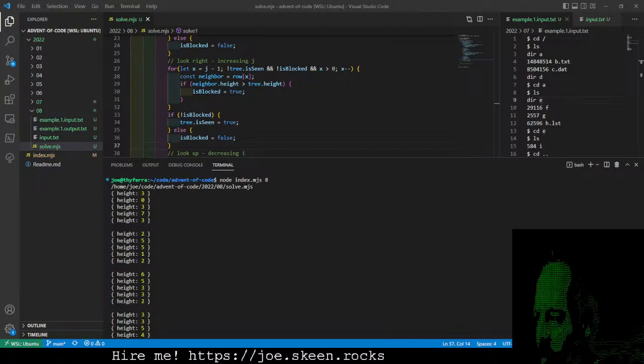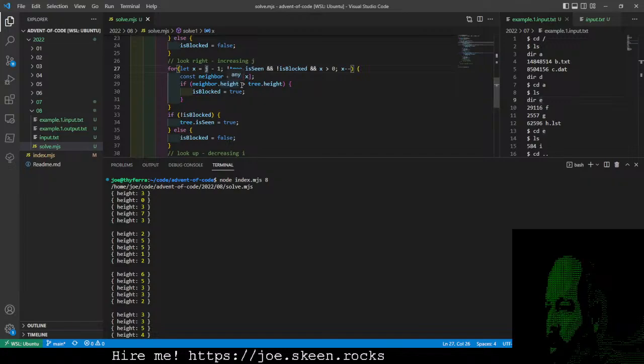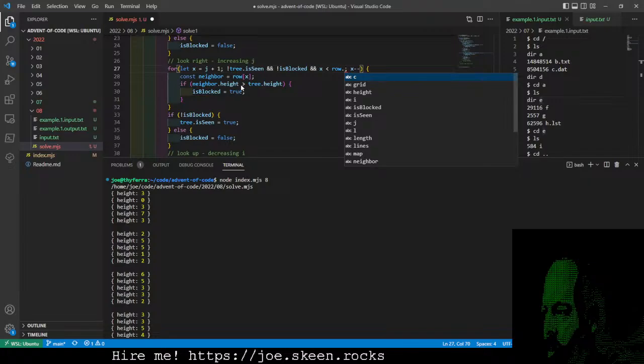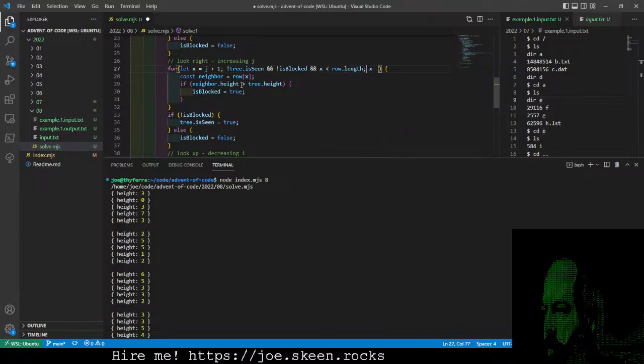For the next loop, we will do similarly, but the other direction.